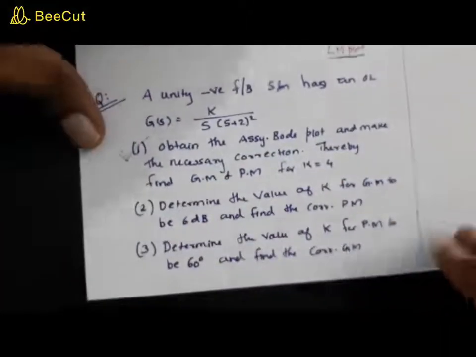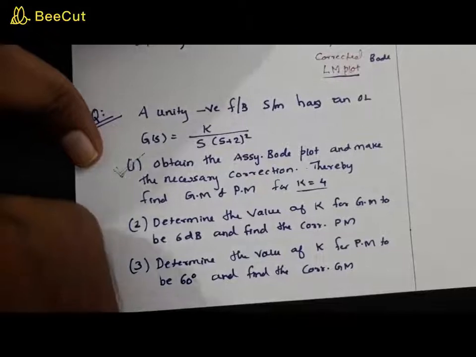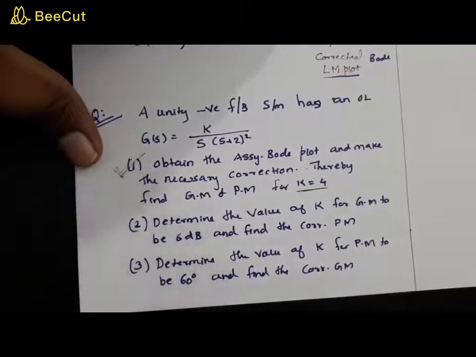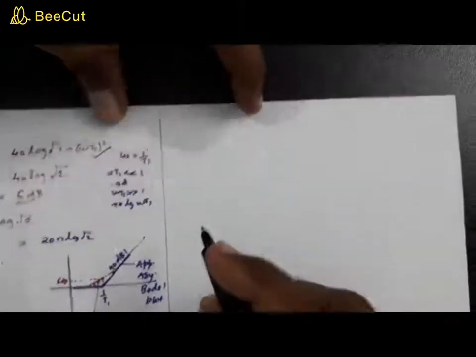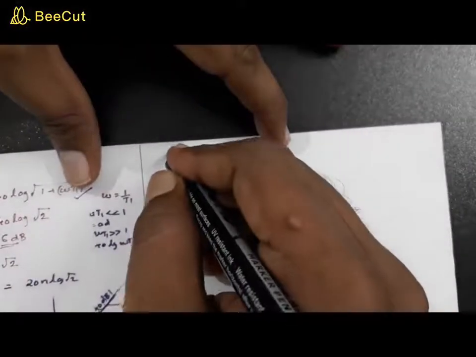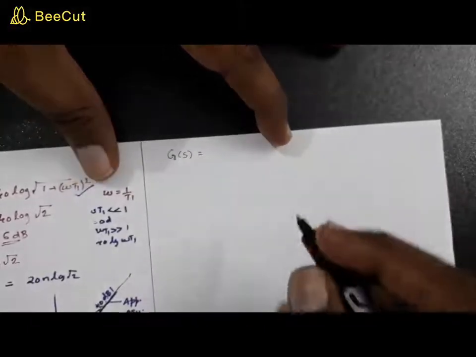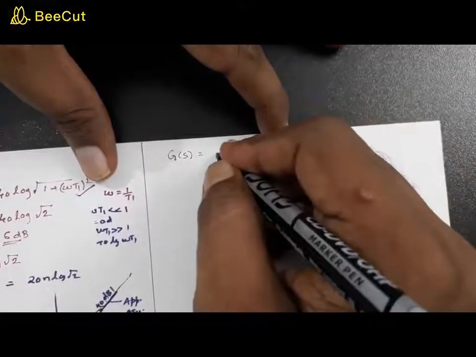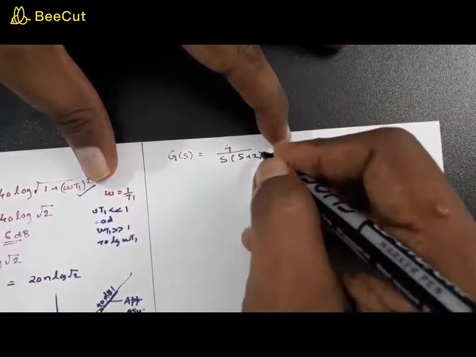That is, you are to obtain the asymptotic Bode plot by assuming k is equal to 1. Okay, so let's see that. When k is assumed to be 4, G(s) becomes 4 divided by s into (s plus 2) the whole square.